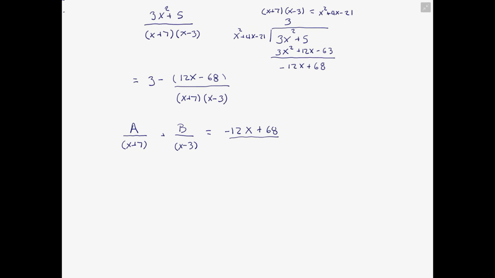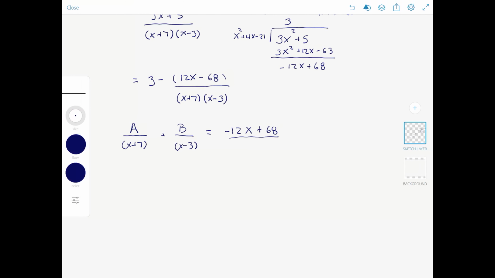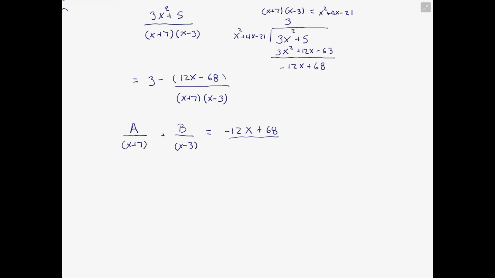That's why I'm hesitant. That's minus. So, over x plus 7 times x minus 3.